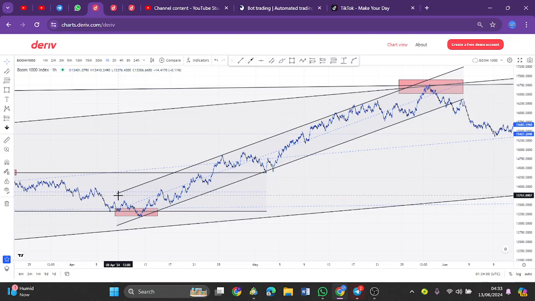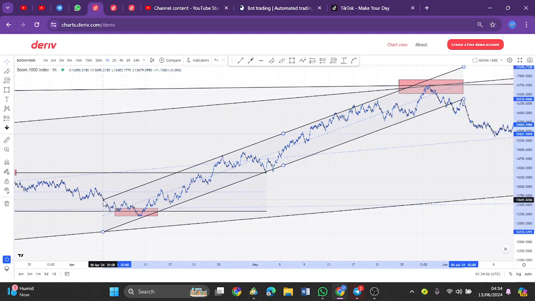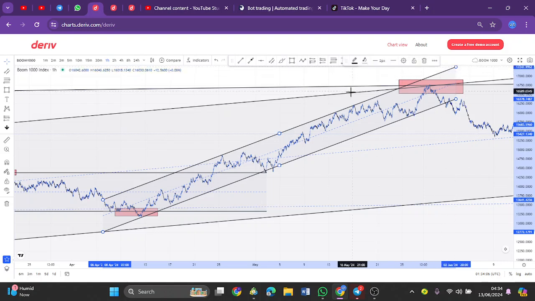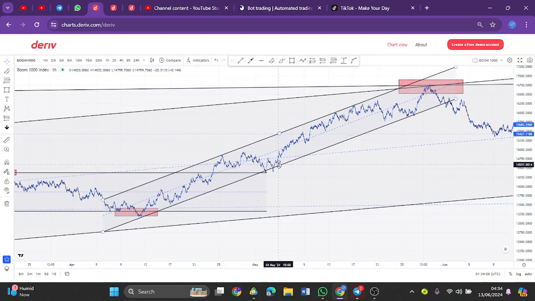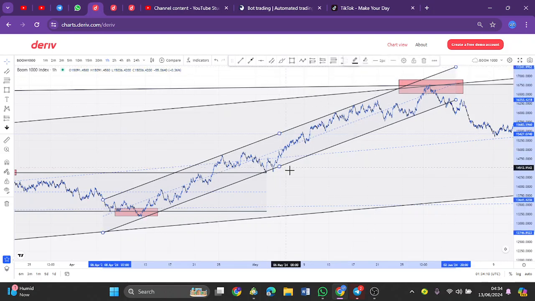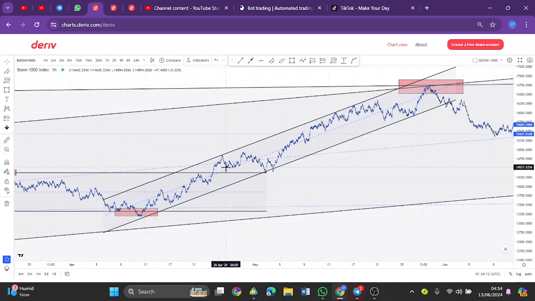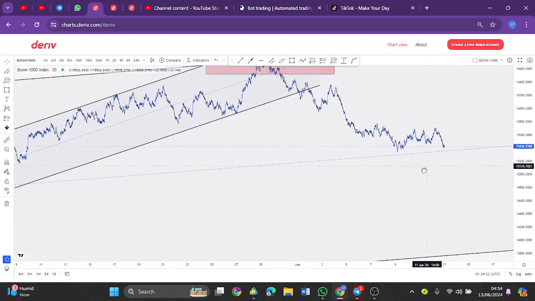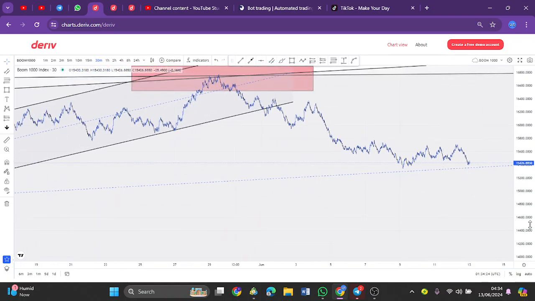You should have them in mind. If you connect at least two, the channel will give you the rest automatically. You just need to scroll it down and you'll find the rest. So that is the channel the market followed. Now from here, the market broke out of the channel, then started making a down movement.